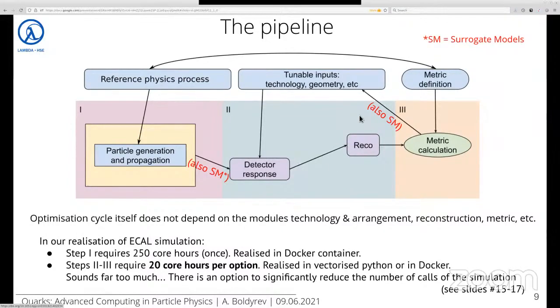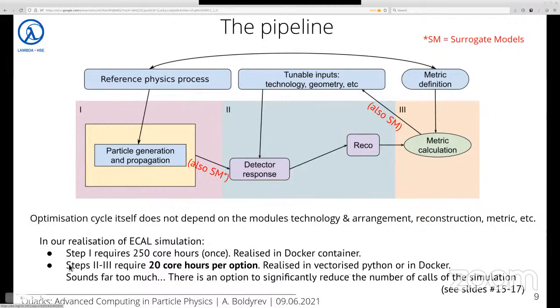Neural networks can be differentiable, of course, and also a piecewise constant function of the module's position doesn't differentiate. And let's consider how to apply this approach to the LHCb electromagnetic calorimeter.